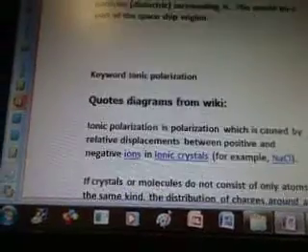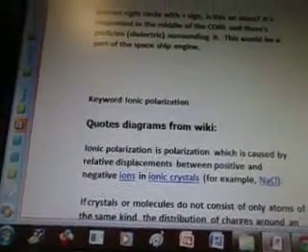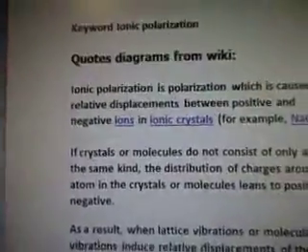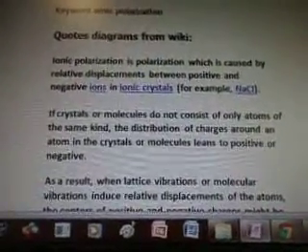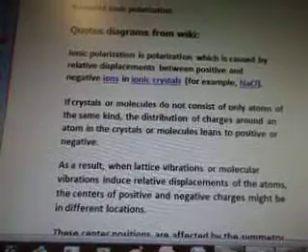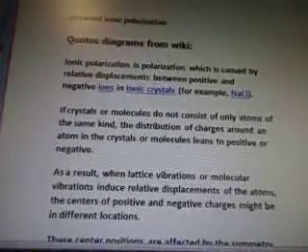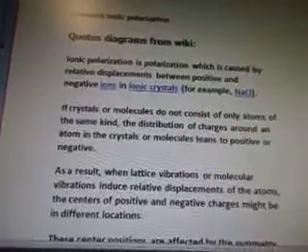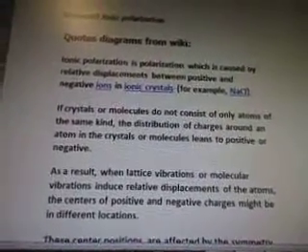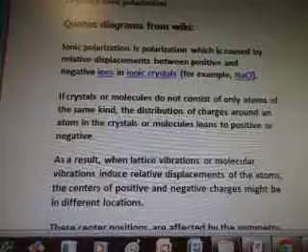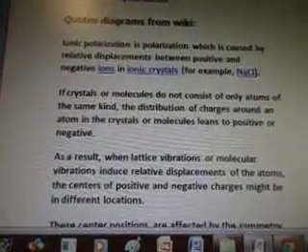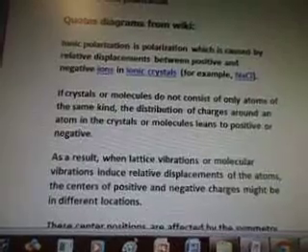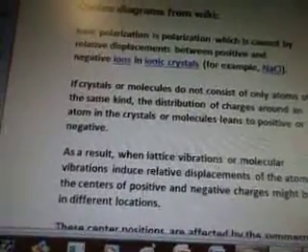Okay, so the keyword ionic polarization, quotes diagrams from Wiki. So ionic polarization is polarization which is caused by relative displacements between positive and negative ions in ionic crystals. So obviously it came up because we're working with crystals, right? For example, NaCl. If crystals or molecules do not consist of only atoms of the same kind, the distribution of charges around an atom in the crystals or molecules leans to positive or negative.